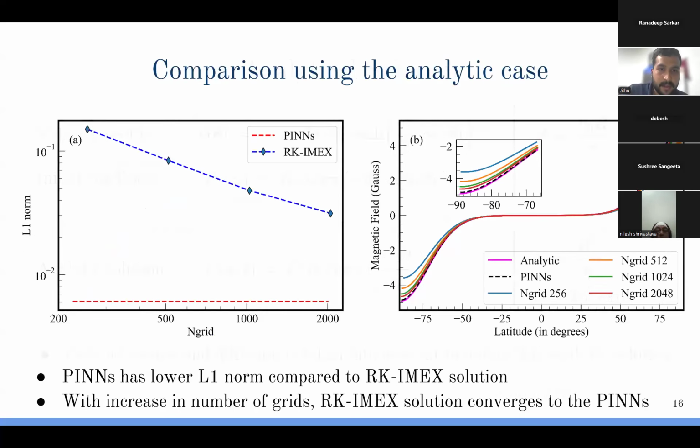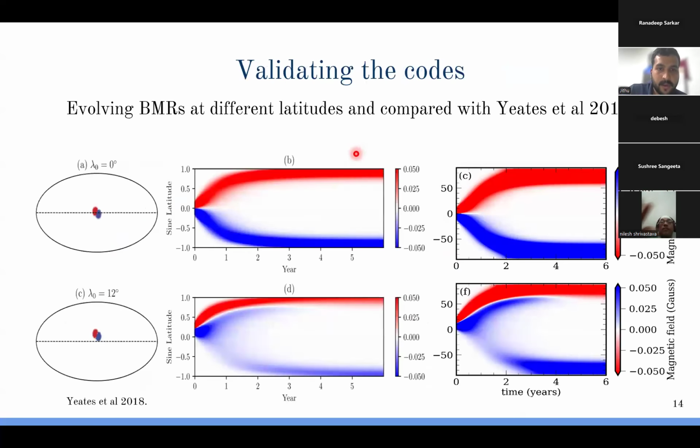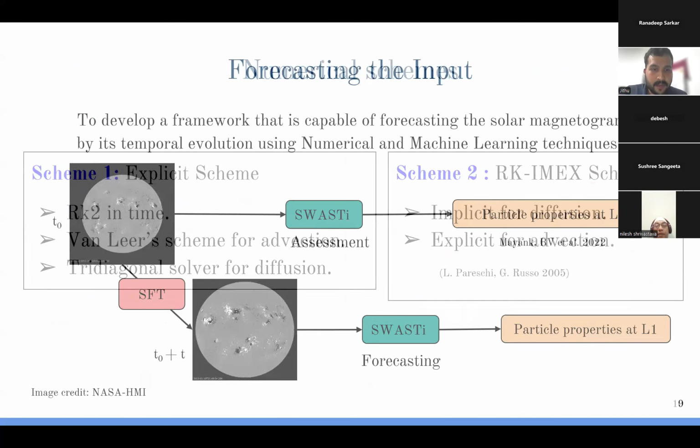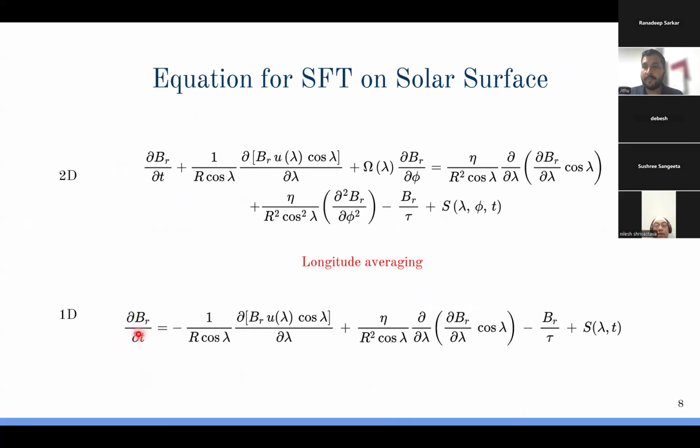I will go back to the equation so it will be easier to understand. When you calculate this derivative, ∂B/∂t, you have B_R, the radial magnetic field, at one time and at another time, and you subtract and divide by Δt. Ideally, Δt should tend to 0 to get the correct derivative. But you can never get Δt equal to 0 since these are computations with specific grids.